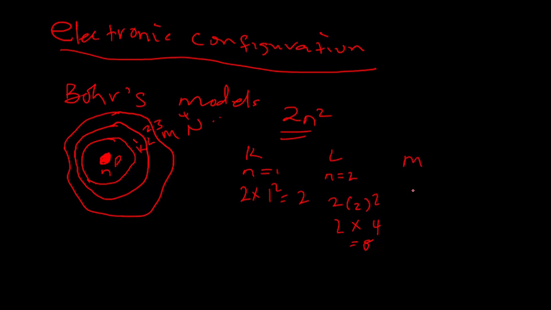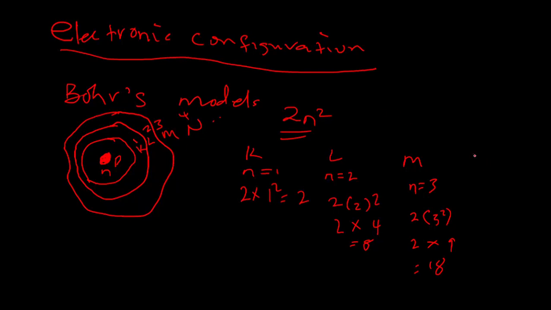You go to M. M also, N is 3. So how many electron you substitute for N? You have 2 times 9, right? You have 18 electrons. So this M take maximum of how many electrons? 18.